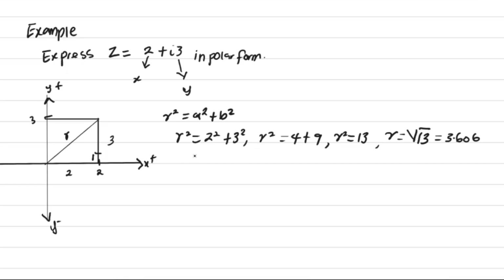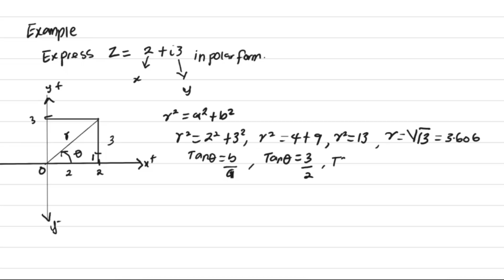So now we have gotten the length of the complex number. We need to find the argument. Now, since from the positive x axis, if you draw your curved line, this is automatically going to be your theta. So you don't need to subtract it from any of the 180, 270, 360 numbers that we have been proving initially. So here, directly, tan theta is going to give us b over a, where theta is the argument of the complex number. It means that tan theta is equal to, our b is 3, our a is 2.